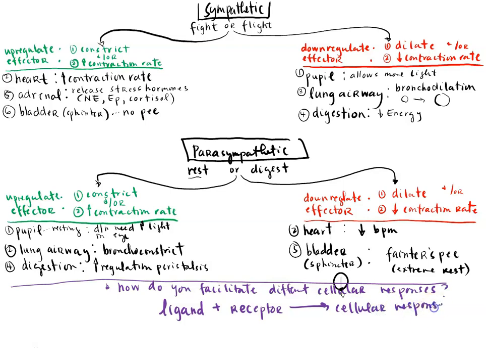Now think back to Unit 1. How do I get different cellular responses? I can either, 1, I can have different ligands, right? So different ligands binding to different receptors.